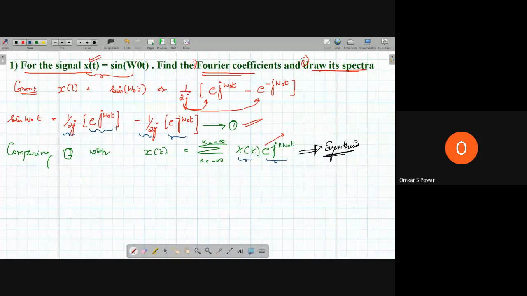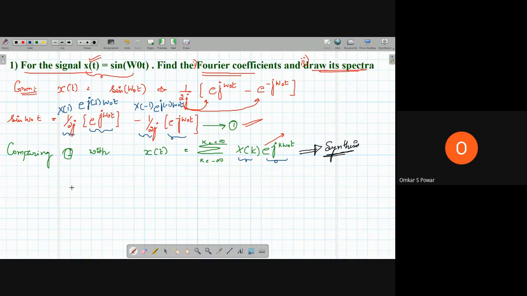So we can expand this one. It can be written as x[1] e^(j·1·ω0 t), and this one as x[−1]. Why minus 1? Here we get e^(−jω0 t), so I write e^(j·(−1)·ω0 t). So the value of k is equal to 1 and k is equal to minus 1.